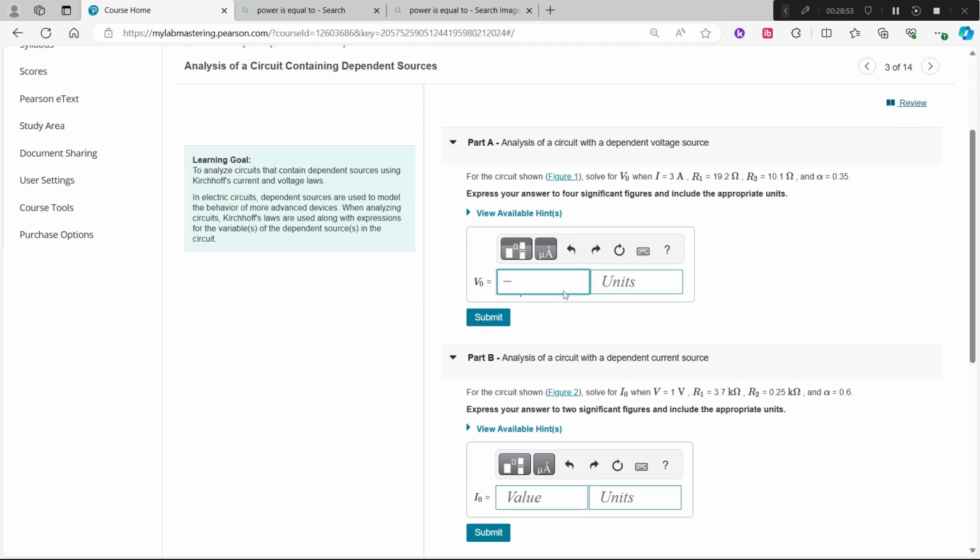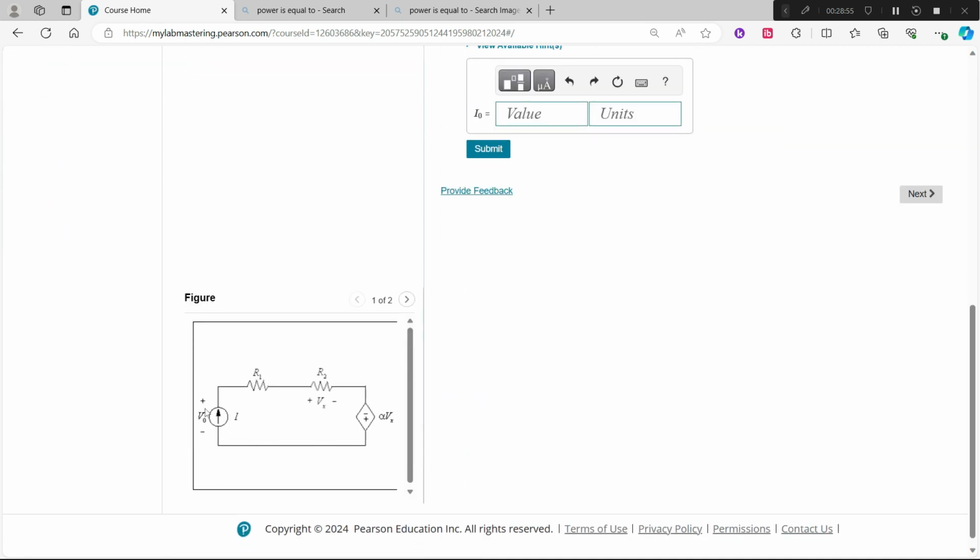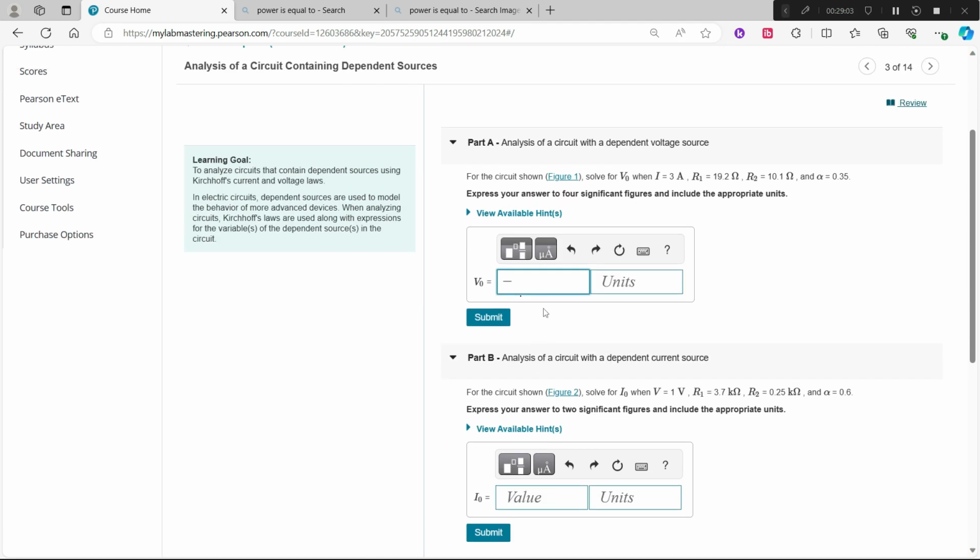We're going to take a gamble. We're going to say V naught, this point here, is equal to the voltage source, the original voltage source, 87.9, obviously in volts.